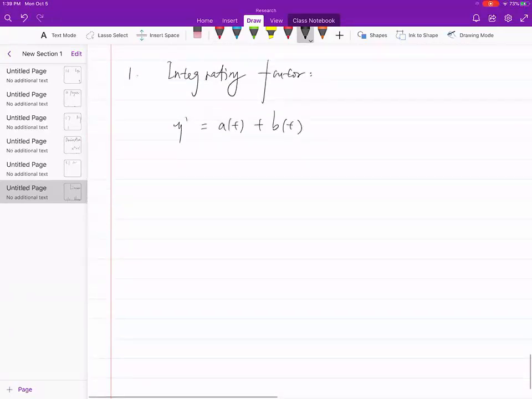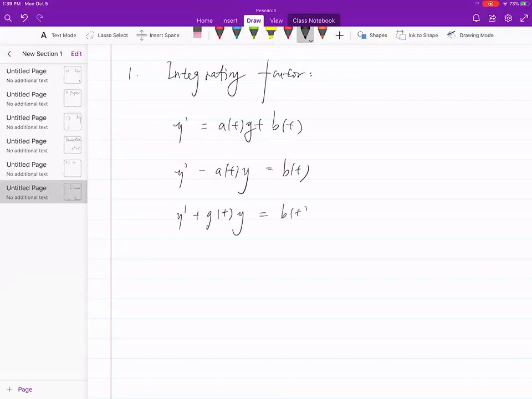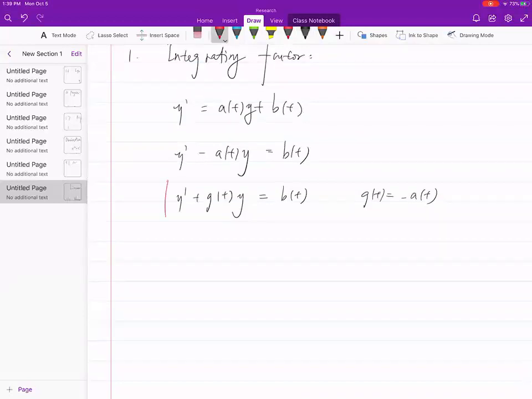First job, we change it to be this. We move y to the other side. To be consistent with the book, we rewrite this one into y prime plus g(t) y equals b(t), where g(t) equals negative 8t. That's step one. Rewrite everything into this format.